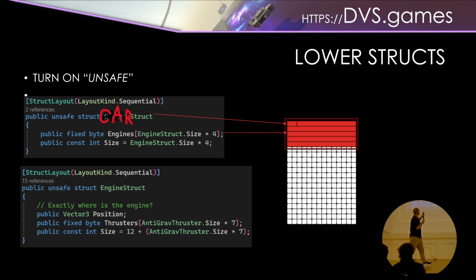Okay, so here's an example of how to set this up. Also, I just want to point out that I don't expect people to walk away and be able to just do this right away. There's a lot to try to remember, and so you can see a 40-minute video on this at devious.games. Okay, but over here, we're going to turn on unsafe in our C# code. So inside of it, we're going to set up a struct layout because when you're compiling code, it can rearrange the order of memory.